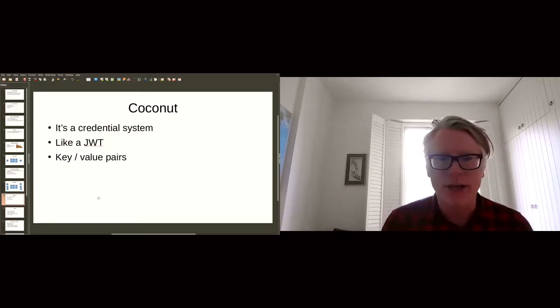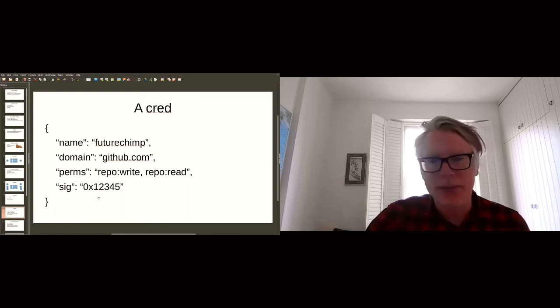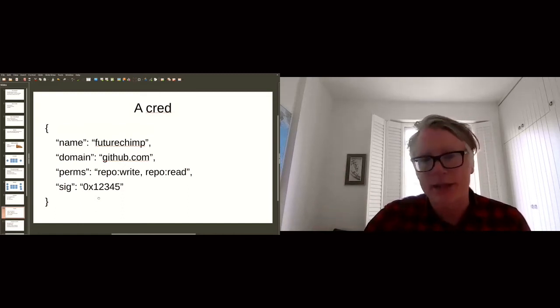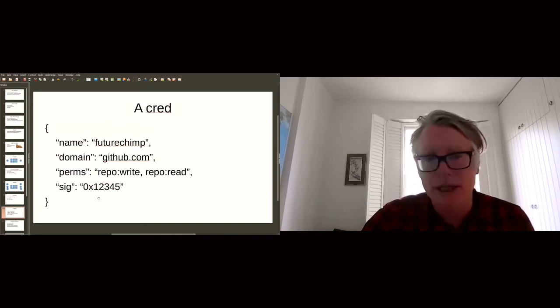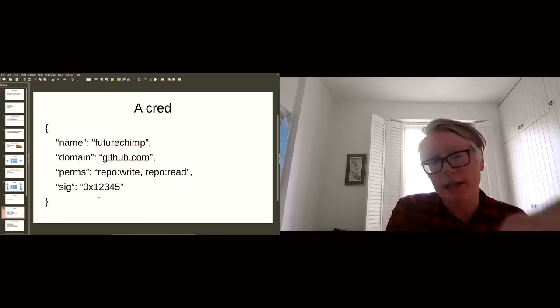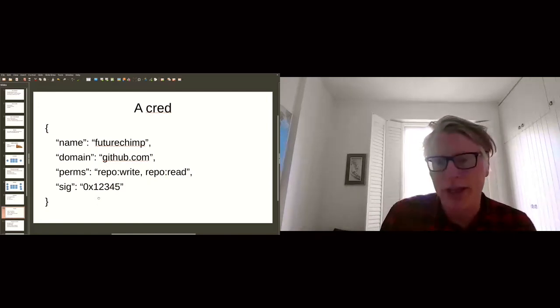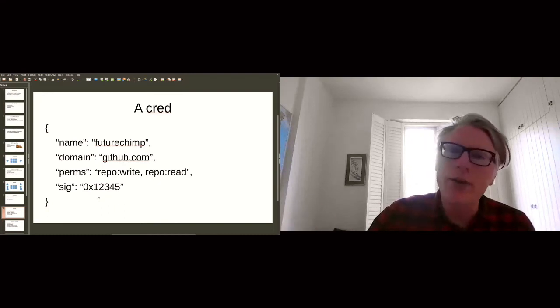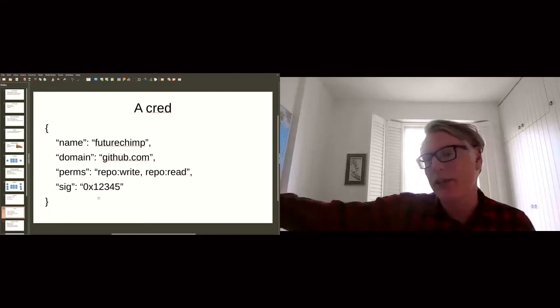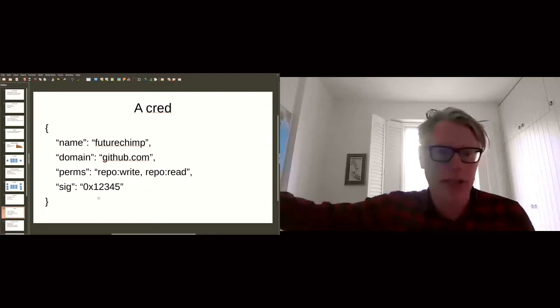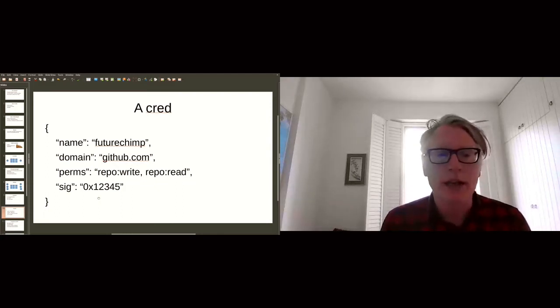You have key value pairs inside it, and maybe you have a credential that looks something like this that would give you some access, fictionally, to some aspects of GitHub, let's say. So there are keys and values, and there's a signature at the end so that the token can be verified. And whoever has this credential can present it to some system, and they can do something as a result of having that.